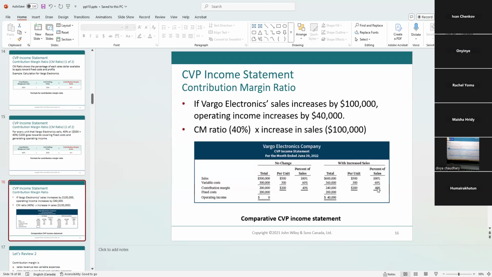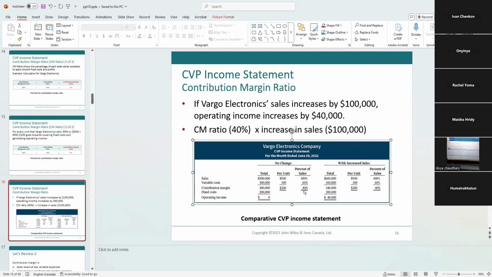So in that relation, let's say I want to increase my sales by $100,000. Currently my sales are $500,000, I'm at break even. If I increase my sales by $100,000 to $600,000, how much contribution margin am I going to get from that $100,000 increase? It depends upon the percentage.